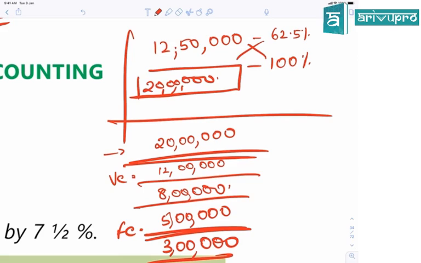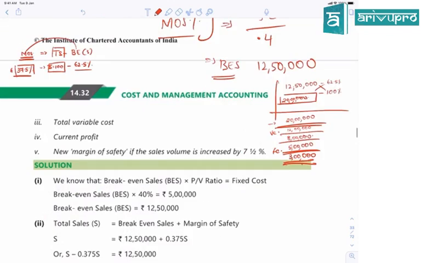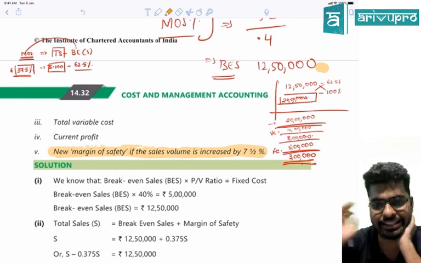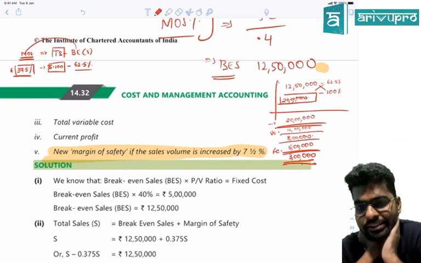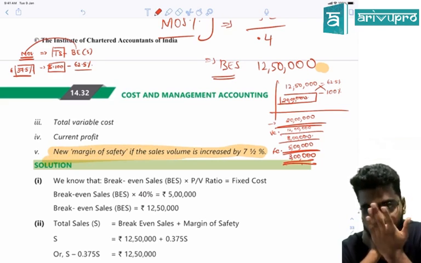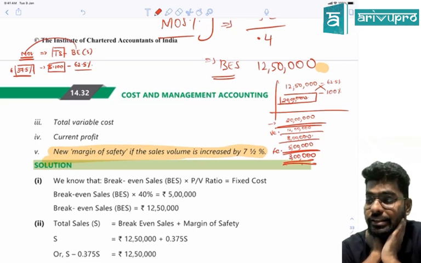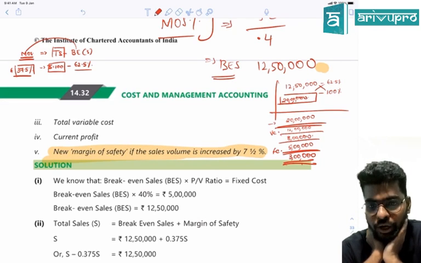Now, see here. What are they saying? Calculate the new margin of safety if the sales is increased by 7.5%. Conceptually tell me, if sales increases, will my fixed cost increase? If sales increases, will my variable cost increase?